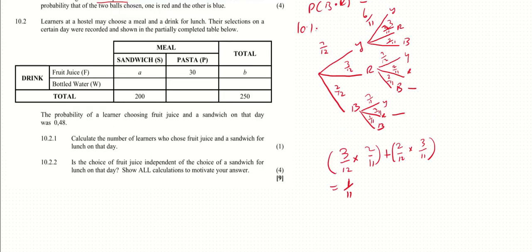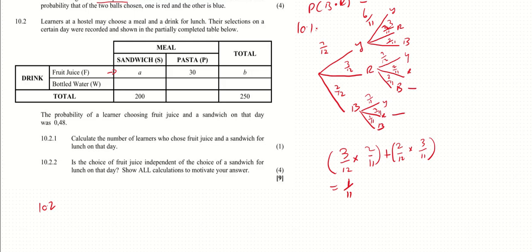Let's look at 10.2. A child may choose a meal and a drink for lunch. The choices on the same day were recorded and shown in the partially completed table below. Remember that when you go right, it is the number of fruits, the total of fruits.